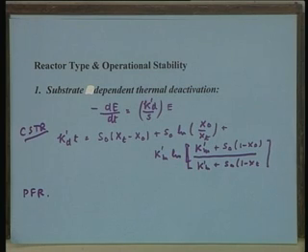In the case of substrate independent thermal deactivation, the reverse is true. For the PFR, the decay in the reactor performance will be more pronounced compared to CSTR. CSTR is much more desirable.